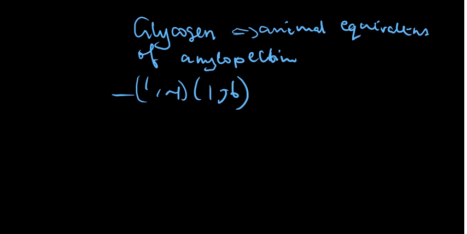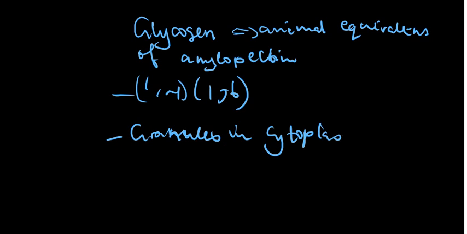So it can exist in the form of granules in the cytoplasm, right? And glycogen can be hydrolyzed into glucose for respiration.